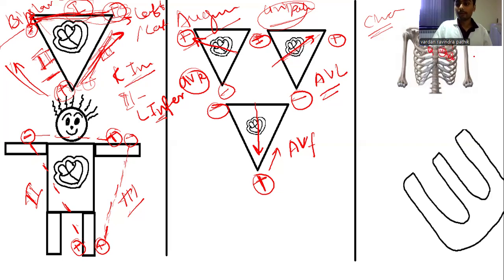Now, V5 and V6. Here is your axilla. Anterior axillary line is here, and this is your middle axillary line. So, V5 will be on the anterior axillary line, and V6 will be your middle axillary line.